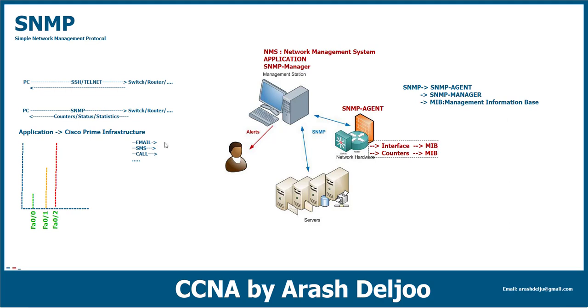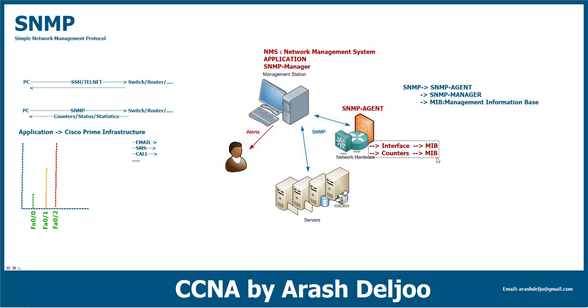When you are requesting the SNMP agent to send some result, the SNMP agent should send the MIB, or the repository information of that object, to the SNMP manager. Because of that, the SNMP agent is your agent for taking the information from the MIB and then sending it with the SNMP protocol to the SNMP manager.